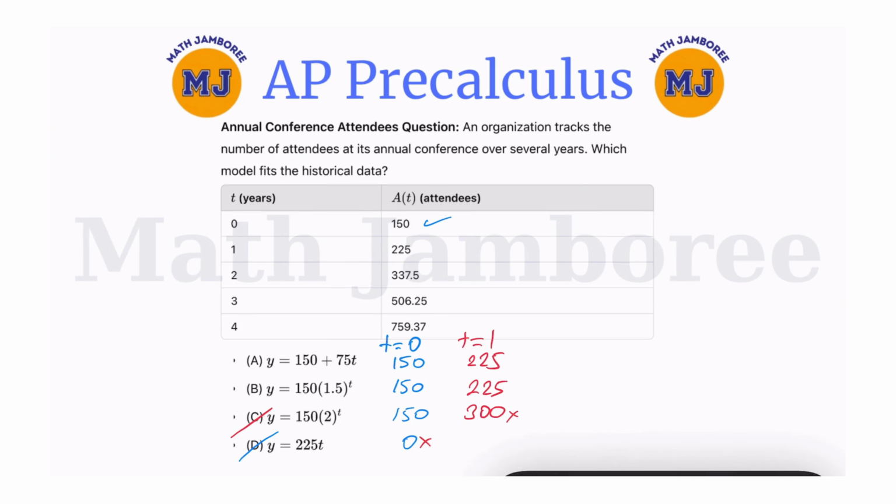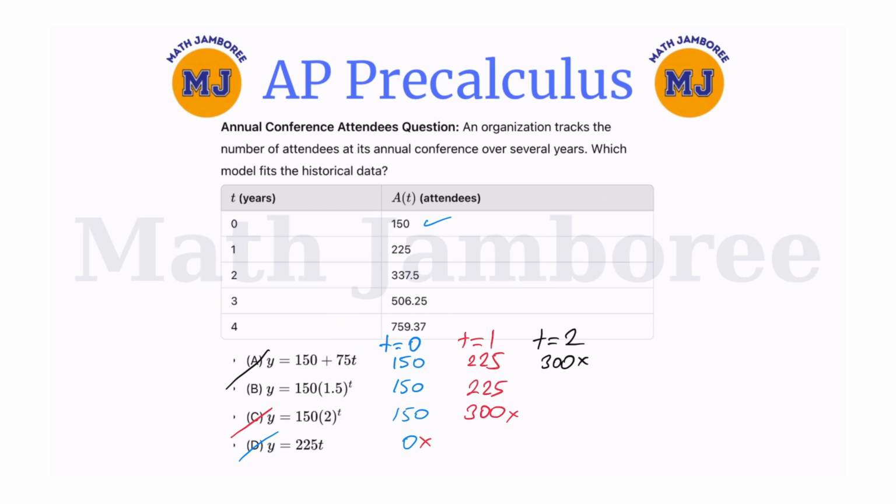Let's go ahead and substitute the next value of 2 for t. For choice A, when you substitute 75 times 2 is 150. 150 plus 150 gives you 300, which is not the option.